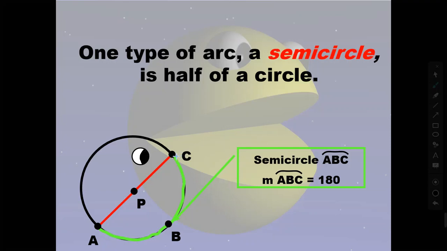We all know the angles of a circle total 360 degrees, and half of the circle means 180 degrees. So this is a semicircle. Semicircle means the angle is 180 degrees.